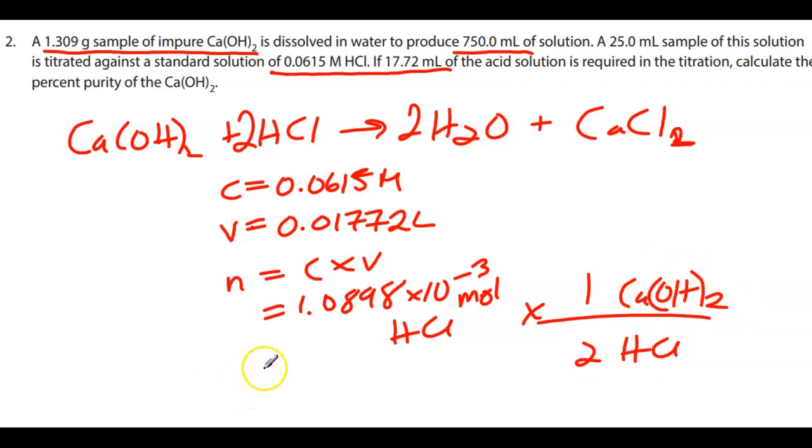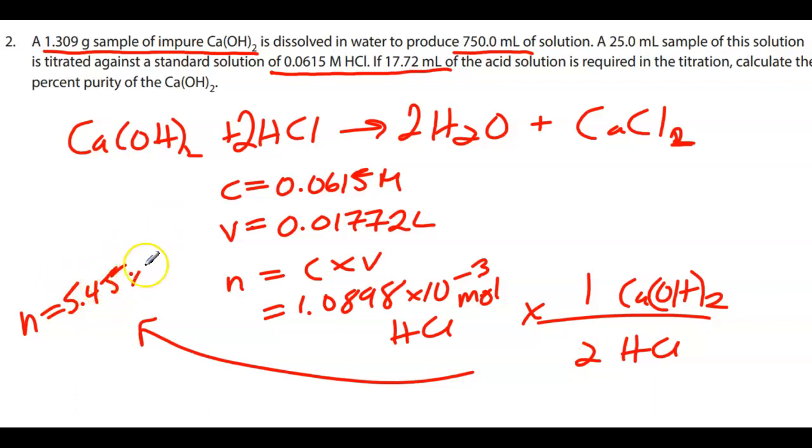So we will have to get the moles of calcium hydroxide, we're going to have to essentially cut that in half, which would then give us the 5.45 times 10 to the negative 4 moles. Okay, same thing here. This is where it's a little bit different than that first example. In that first example, we used all of that mass in the titration process.